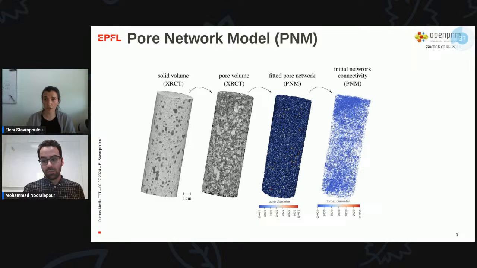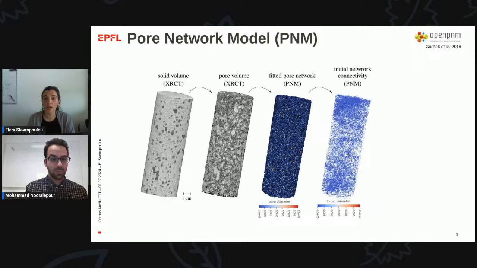Based on this OpenPNM algorithm, in a similar way to what Ali showed before, we can also define an initial network connectivity. So we can obtain the throats that connect the different pores. As you may suspect, the connectivity of the given network is quite poor.